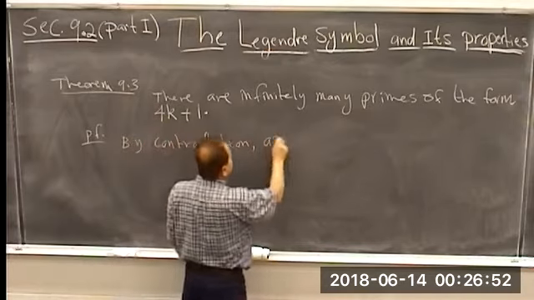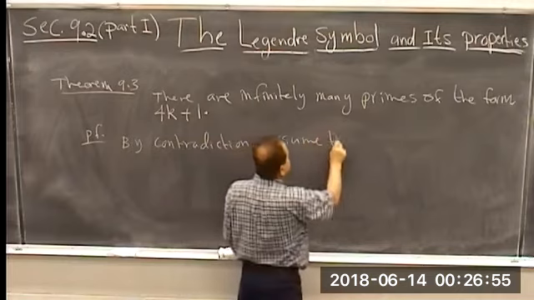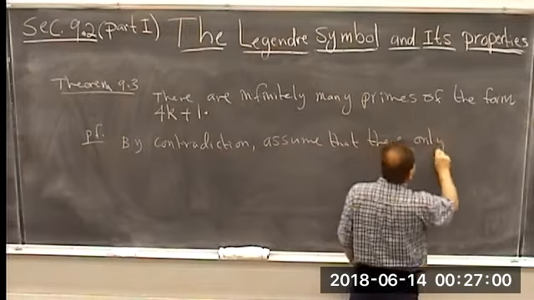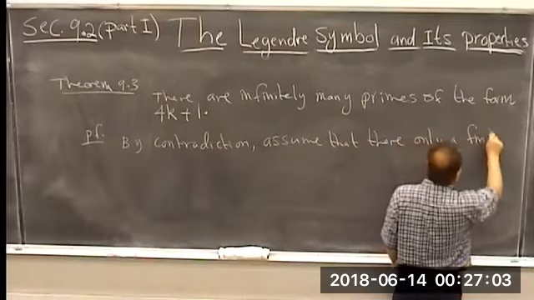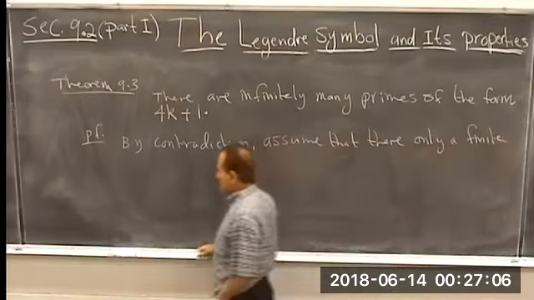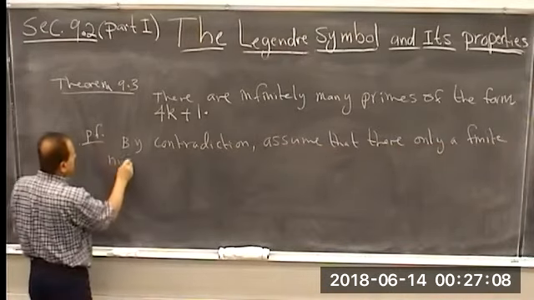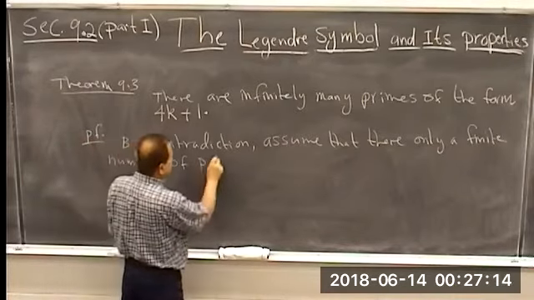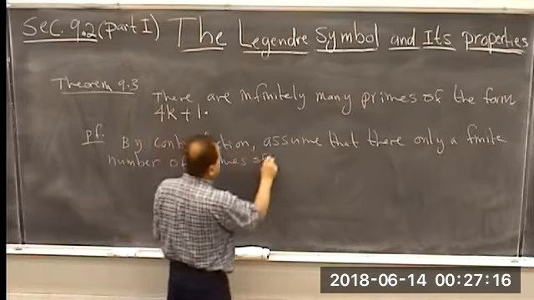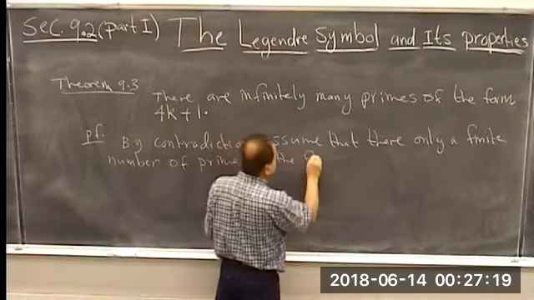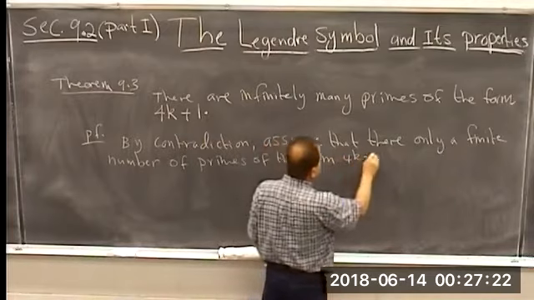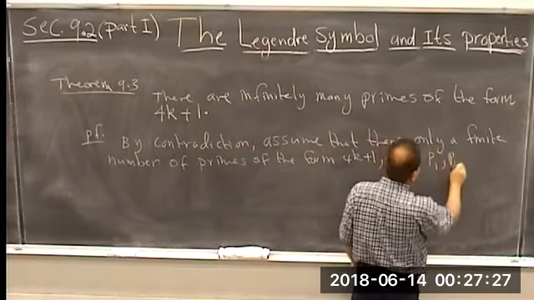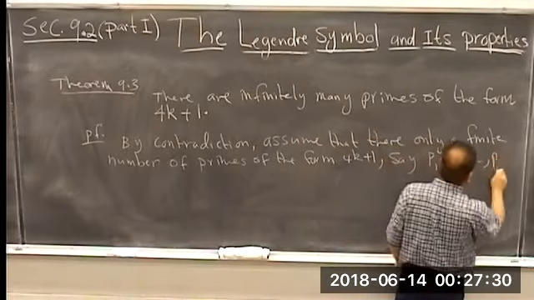So let's assume that there are only a finite number of primes of the form 4k plus 1. Let's call them p1, p2, up to p sub r.